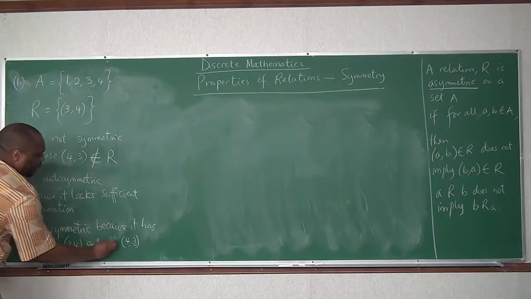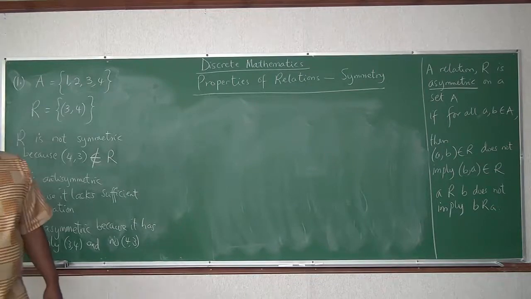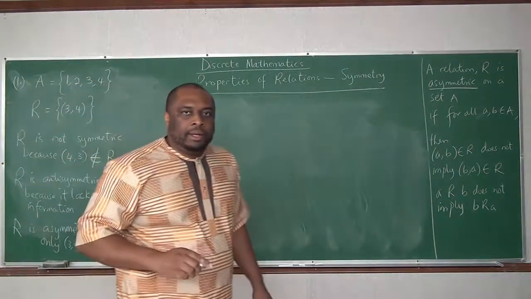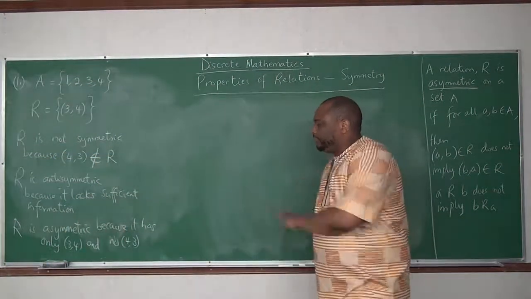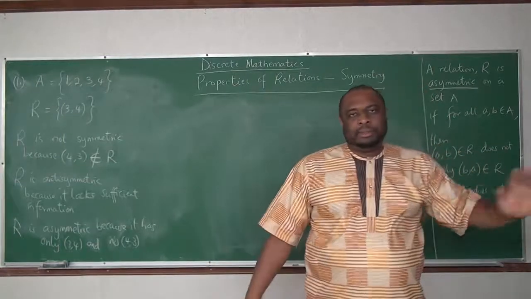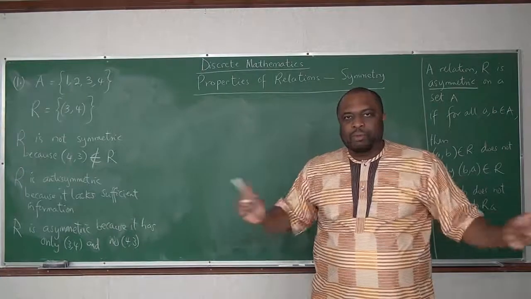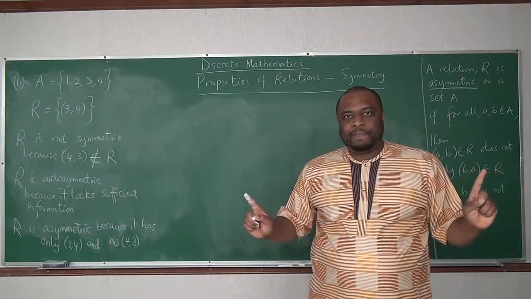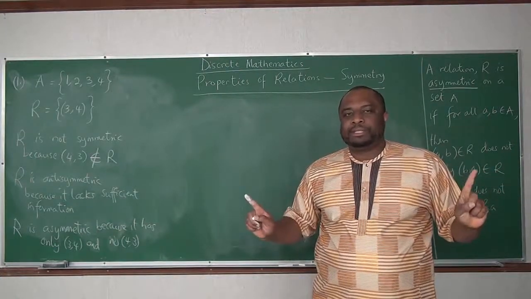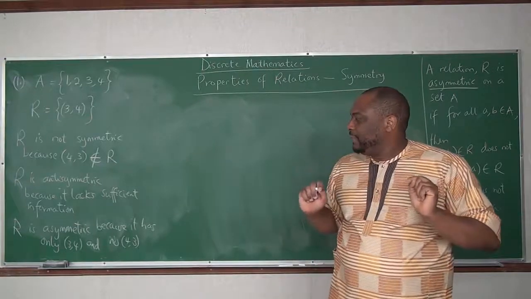So it's like a one-way street in the digraph. With asymmetric, there's no two-way street, only one-way streets in the edges. If the edges are one-way streets in the digraph, then it is asymmetric.